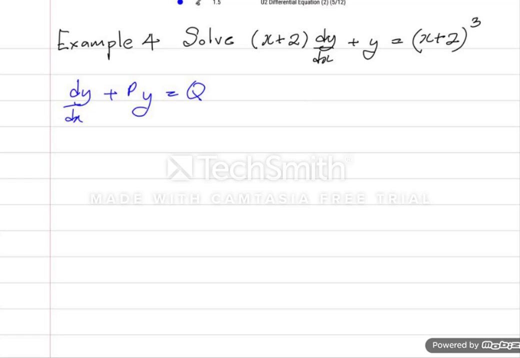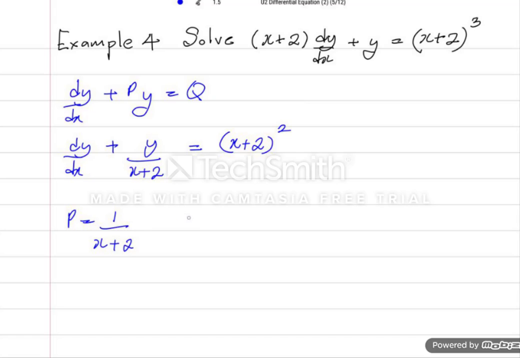So I'm going to get dy/dx plus y over x plus 2, and this is equal to x plus 2 squared. Do you agree? Once in this format, I can say that p is equal to 1 over x plus 2. I can also say that q is equal to x plus 2 squared. Do you agree?